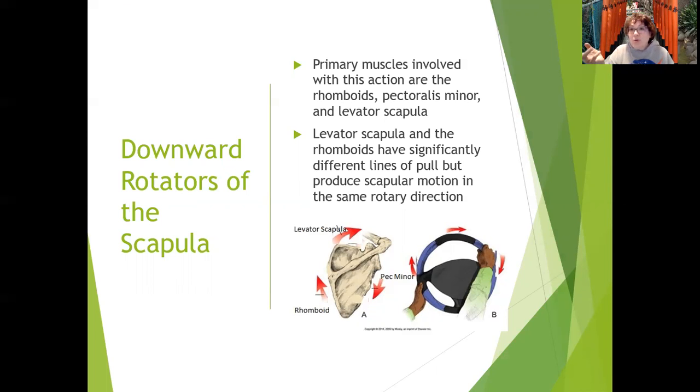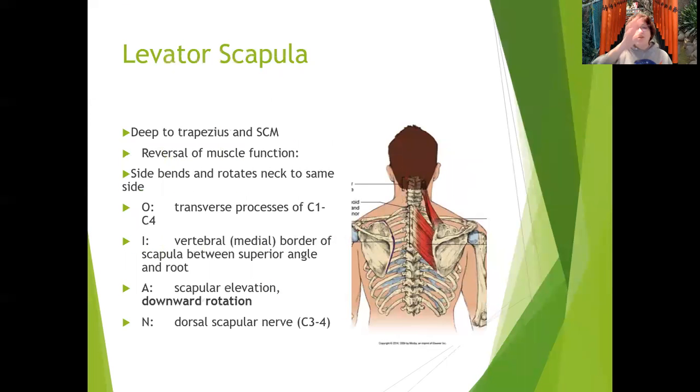So why do we care, right? Well, here's why. Well, let's review the muscles first, and then we'll talk about why we care. So levator scapula is deep to the trapezius, it's deep to the sternocleidomastoid. It has a reversal of muscle function, which we'll talk more about in the spine chapter, spine and neck.